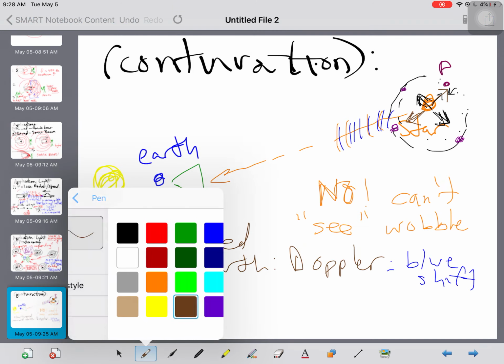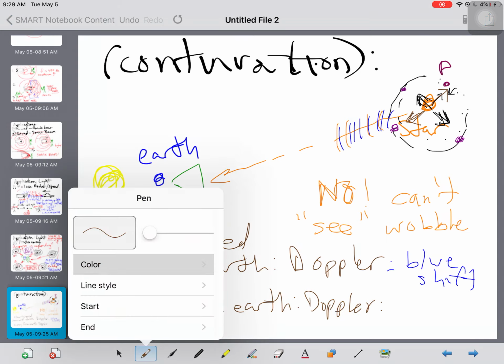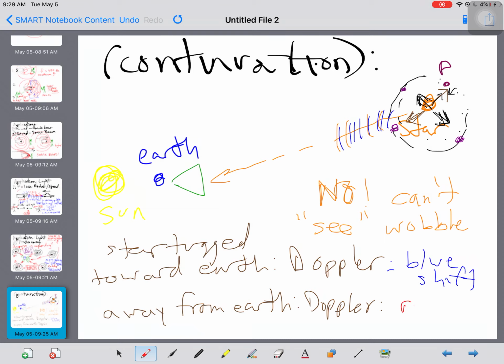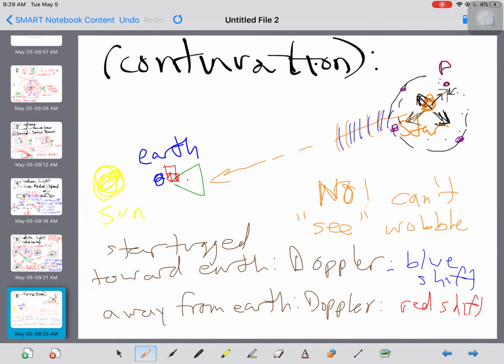When the star is tugged away from Earth, you get the Doppler effect too. Actually, you get like we talked about before, the red shift. And so if your fancy telescope is attached to a computer, your eyeballs cannot see this, looking at a star, and it sees this pattern in the light that's switching.